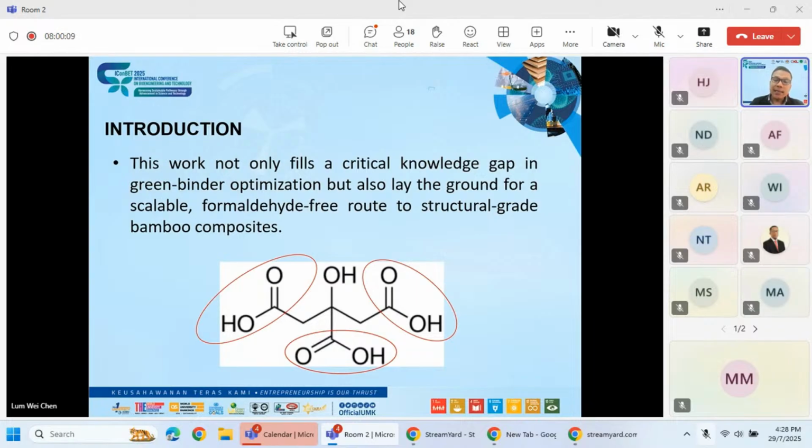If we add gelatinized starch, it frees up a lot of hydroxyl groups which can bind with the carboxyl functional groups of the citric acid, and one chain of gelatinized starch contains hundreds of OH active sites, which can then bond with the wood substrate. That's the reason we want to add gelatinized starch in our study.